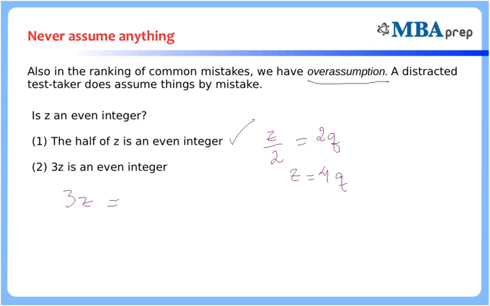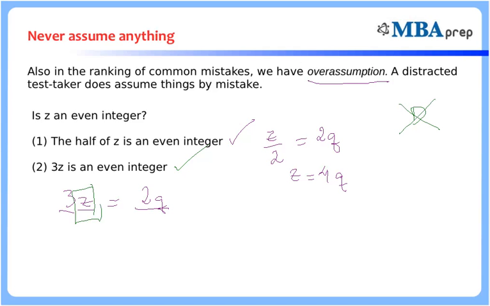3Z is an even integer. When you read this, you think, 3 is not even, but the product is even, so Z should be even. Then you would mark it as sufficient, and you would answer letter D, which is wrong. Why? I didn't say that Z is an integer. I'm asking if Z is an even integer. What are the other possibilities?